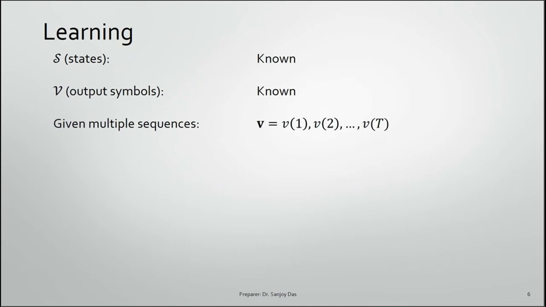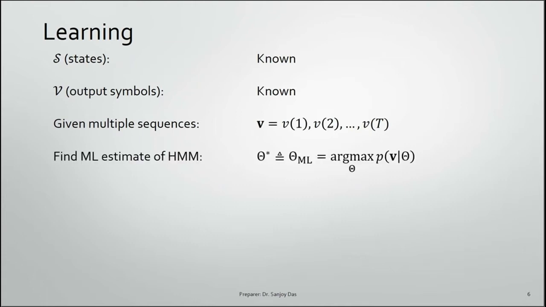And what's given to us is an output sequence or multiple output sequences. Just one single output sequence is fine, and it must be large enough. T must be very large in comparison to the number of states and the number of outputs, because we're going to learn all the probabilities.